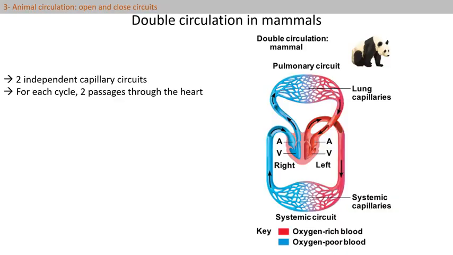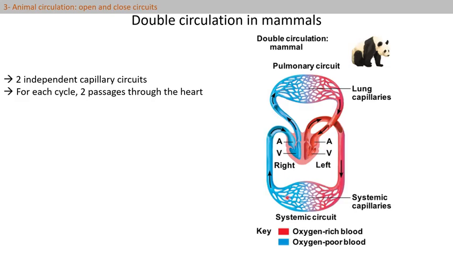So in mammals, I just want to zoom. How does the circuit look like? Of course, you need to know that. So there's 2 independent capillary circuits, right? 1 around the lungs, 1 systemic around the rest of the body and the tissues. For each cycle, you can go through the whole flow. You see that there's 2 passages through the heart.